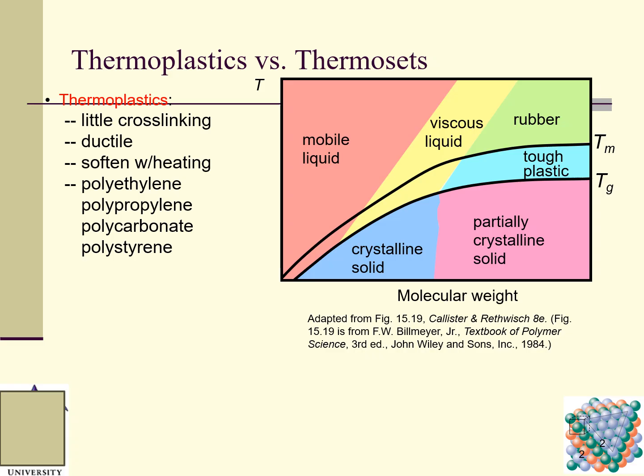The thermoplastics versus the thermosets. I told you last time that these two groups of polymers are very, very important in our daily life. I want you to know what these materials are, what mechanical properties they have, and what the examples are for these two types of materials.